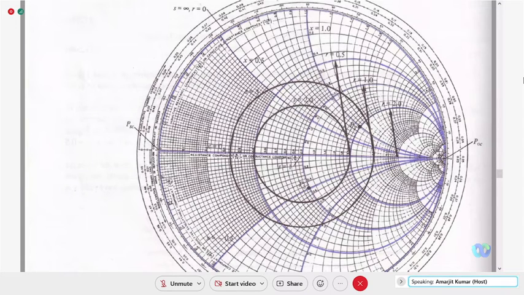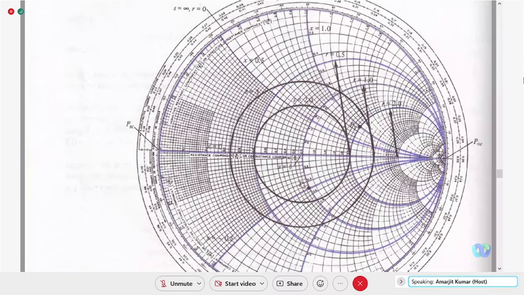R is equal to 2, X is equal to 1. So the intersection of the R is equal to 2 resistance circle and the X is equal to 1 reactance circle. That point of intersection will give you normalized impedance 2 plus J.